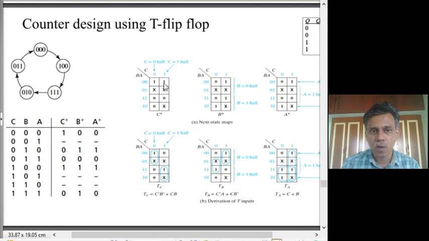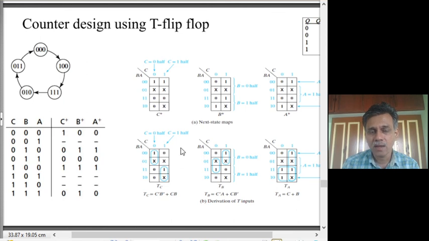So when C plus is 1, we are putting 0, a complement entry in the TC. Similarly here, C is equal to 1 in this column, C plus is 0, there is a toggling, and therefore to do that, TC has to be 1. So if there were a 0 in this entry, there has to be a 1 in this entry.